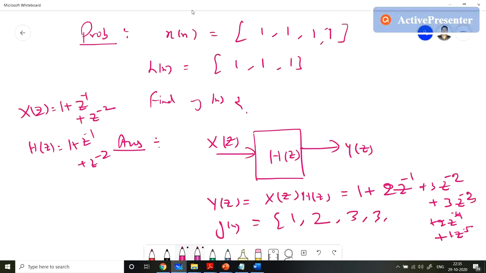So y[0] is 1, y[1] is 2, y[2] is 3, y[3] is again 3, y[4] is 2, y[5] is 1.